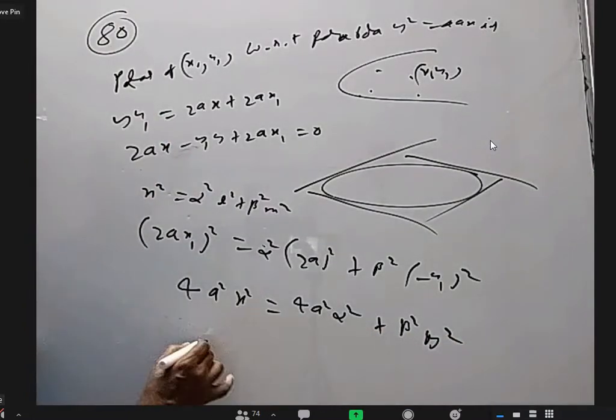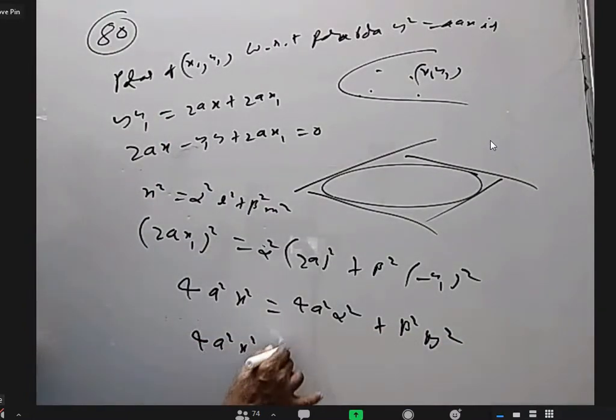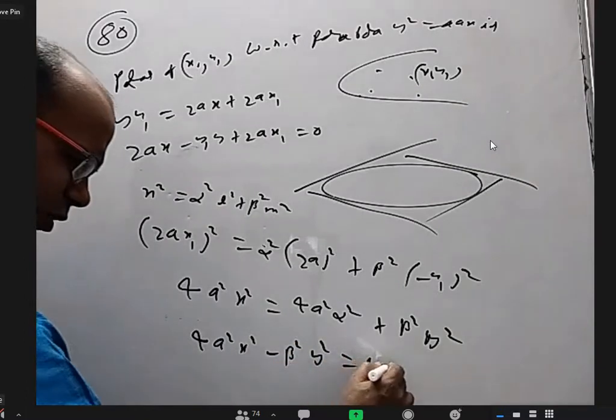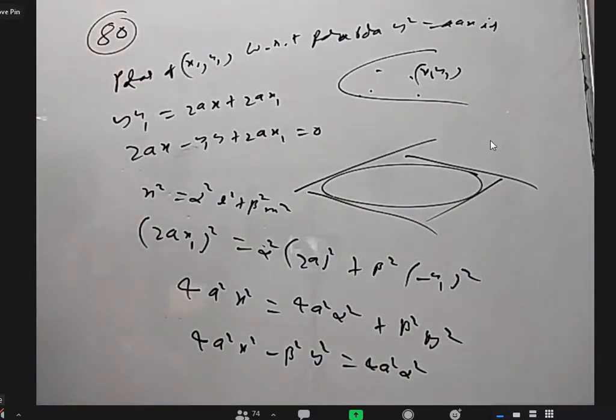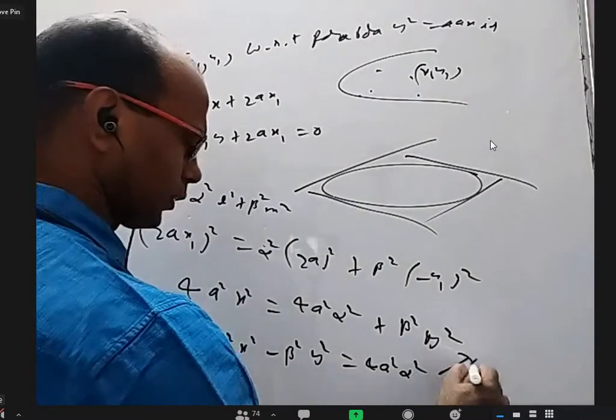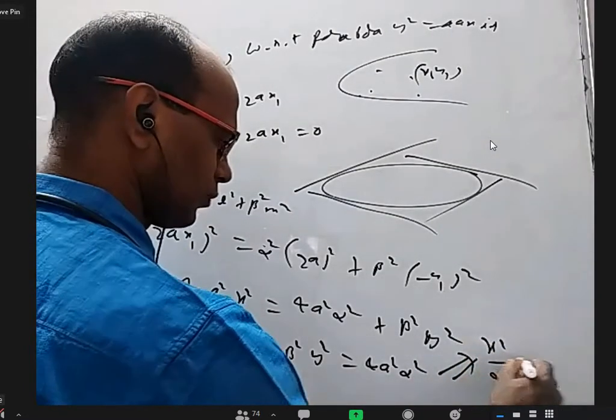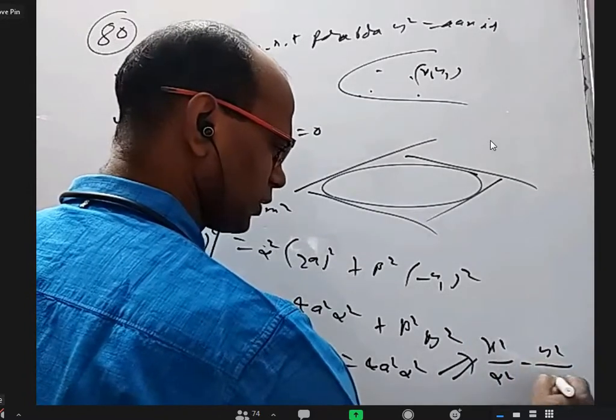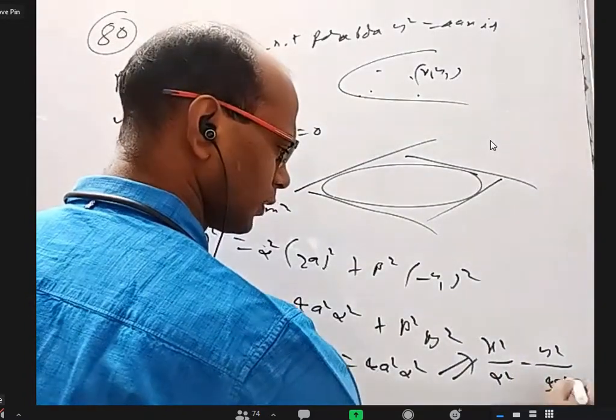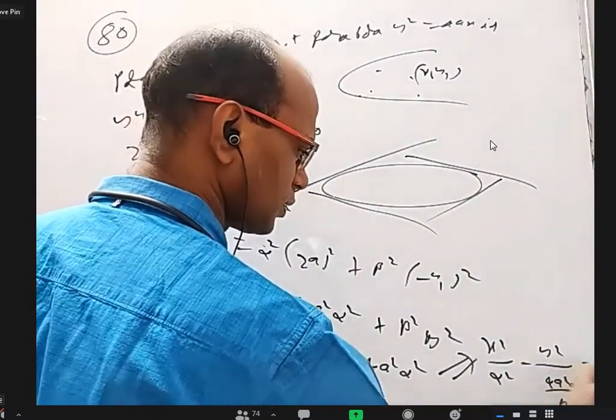If I bring this here, 4a square x square minus beta square equal to 4a square alpha square. If I divide by 4a square alpha square, I will get x square by alpha square minus y square by 4a square by alpha square by beta square equal to 1.